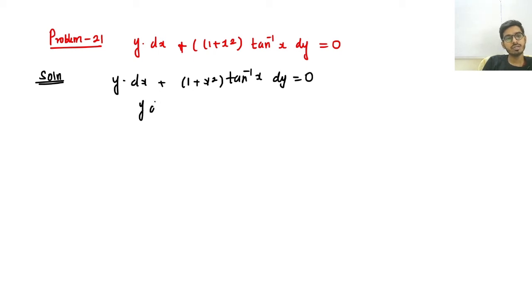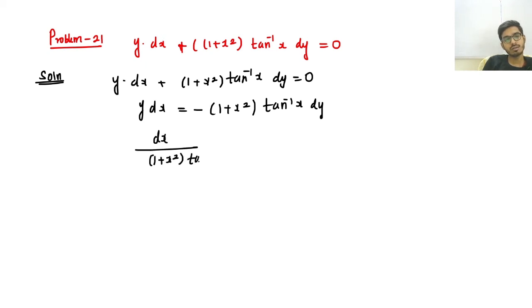This is y dx is equal to minus of 1 plus x square tan inverse x dy. So let us bring all the x terms to one side, y terms to the other side. So we have dx divided by 1 plus x square tan inverse x is equal to, let us keep this minus dy as it is, divided by y.